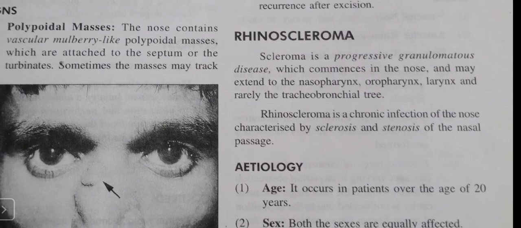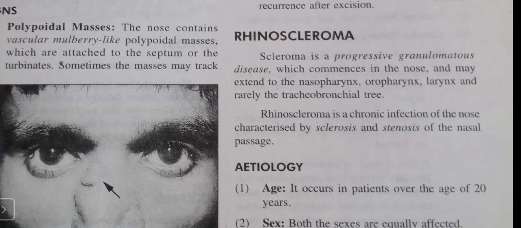Scleroma is a progressive granulomatous disease which commences in the nose and it may extend to the nasopharynx, oropharynx, larynx, and rarely to the tracheobronchial tree. So what is scleroma?